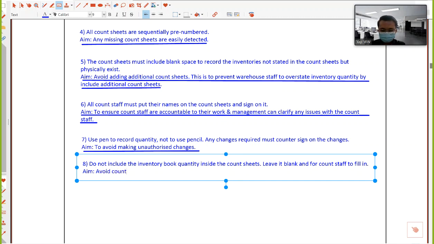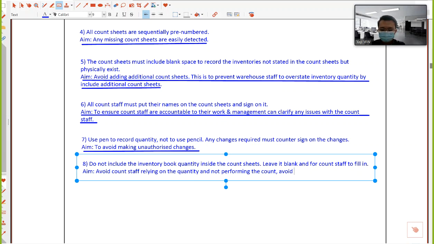Avoid account staff relying on the book quantity and not performing the count.